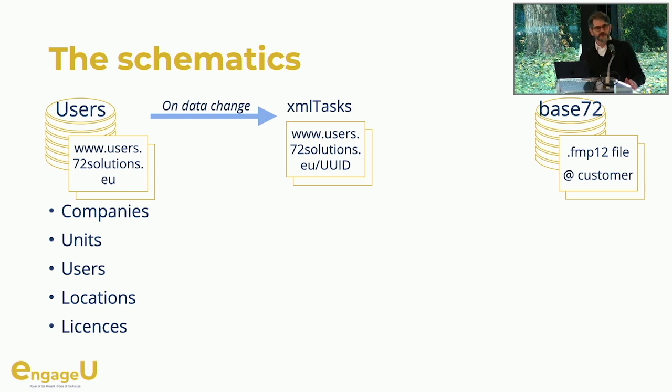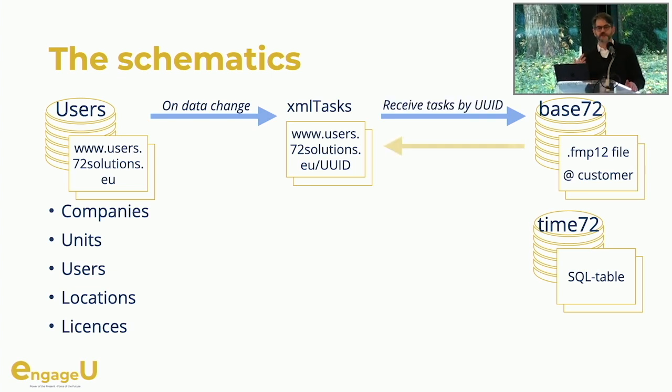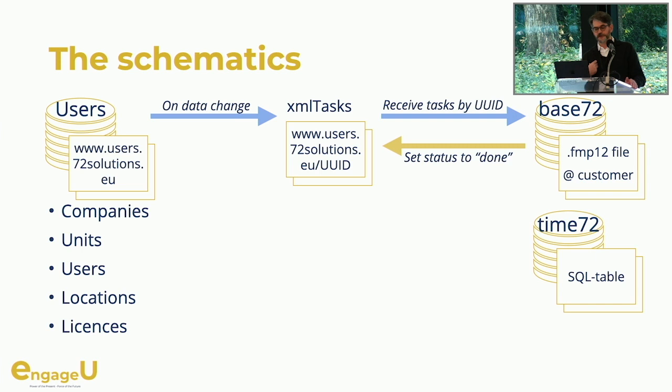And our base 72, that's our vertical product with the customer, our FileMaker files, they have their UUID locally saved, and through curl can now look for the tasks. And of course, also our time install can look for those tasks, sync the users and the hashes. So we can receive those tasks via UUID, and we can write back that we've done them so they don't appear a second time.